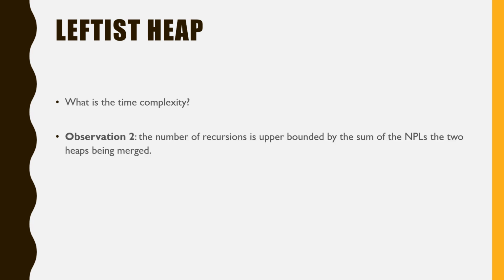Second, we claim that the number of recursive calls in the merge operation is upper bounded by the sum of NPLs of the two heaps being merged. We established this claim before when discussing the significance of NPL in defining leftist heaps.